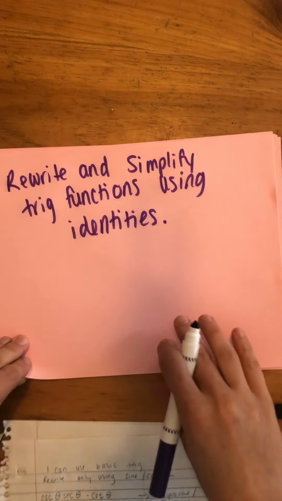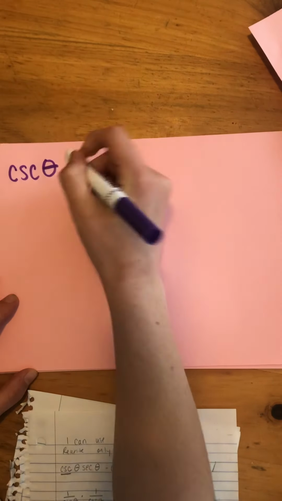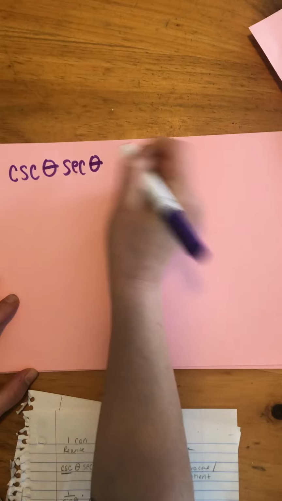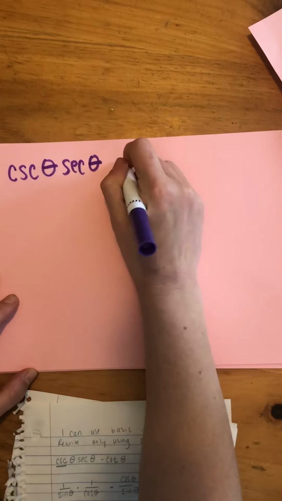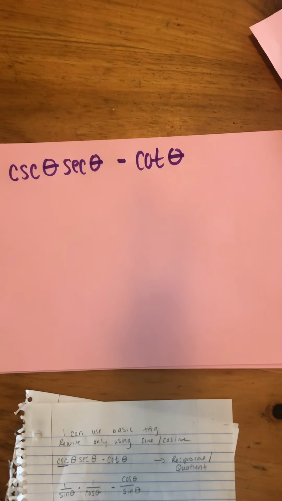Using the identities, we are going to rewrite trig functions. And so let's start with a basic example. So we have cosecant theta secant theta, when it's just written like this, it's multiplication, minus cotangent theta. And we want to rewrite this function only using sine and cosine.